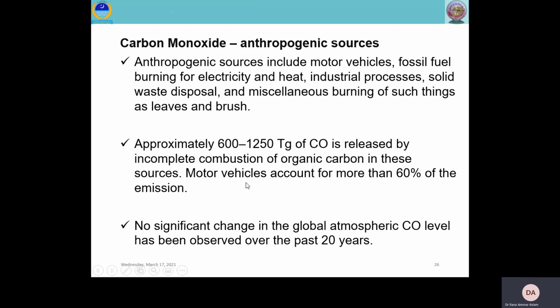But besides its release from both anthropogenic and natural sources, studies of the last 20 years have revealed that its concentration is not increasing in the atmosphere, because at the same time a similar amount of carbon monoxide is being used in other processes.